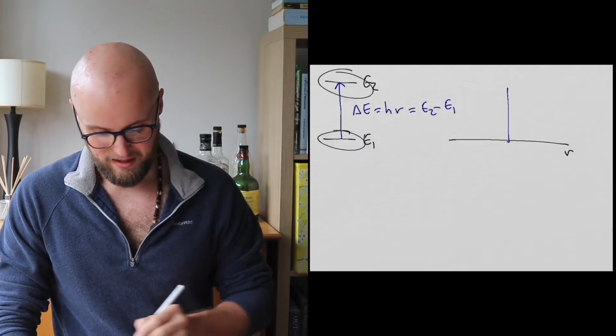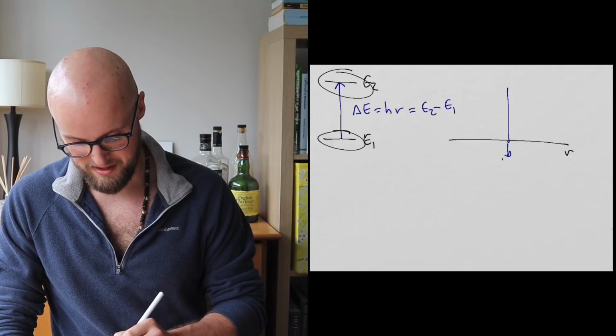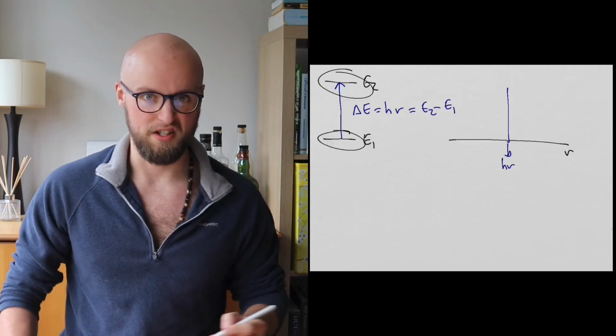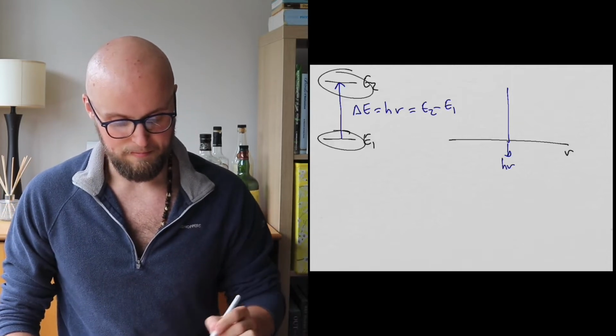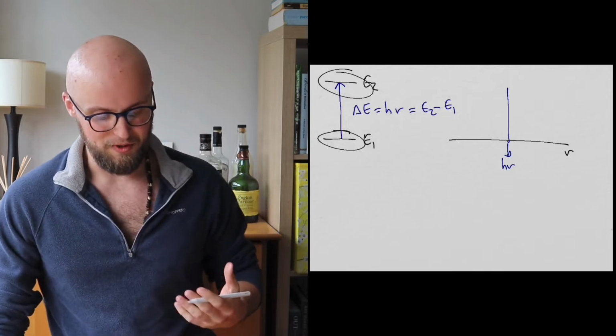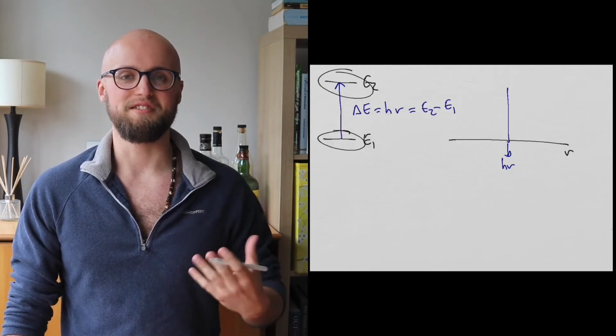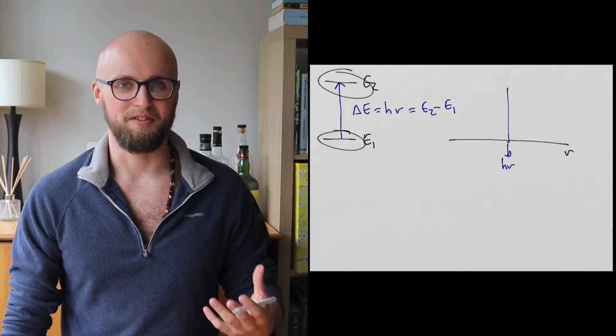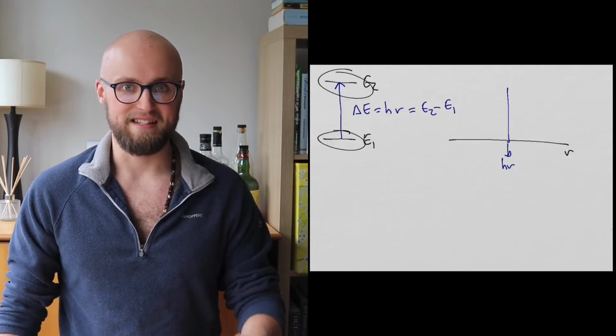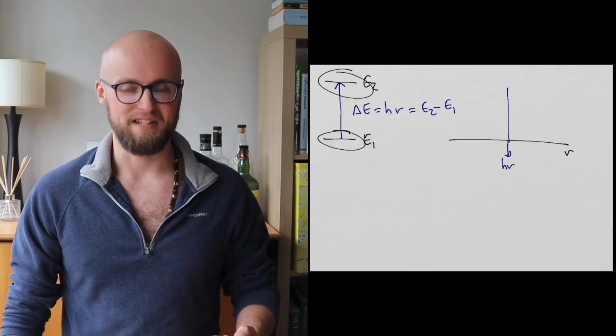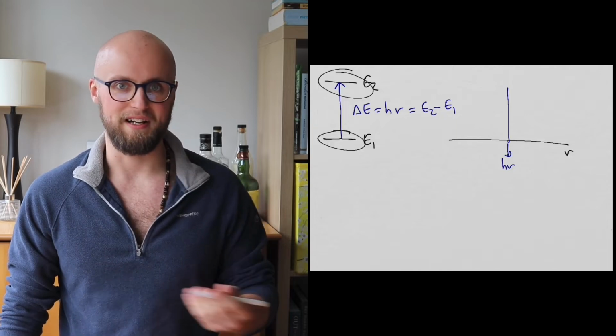And that line would come in with the energy h nu, or the frequency nu. What you're seeing in the spectrum is the transition between the two different states. You're not seeing the actual energy of the state itself, just the difference between the two states. So two levels gives you one line like this.